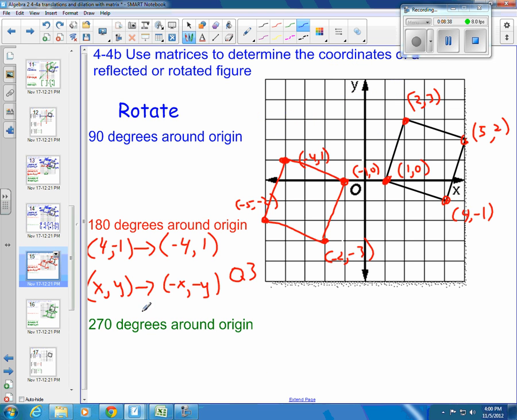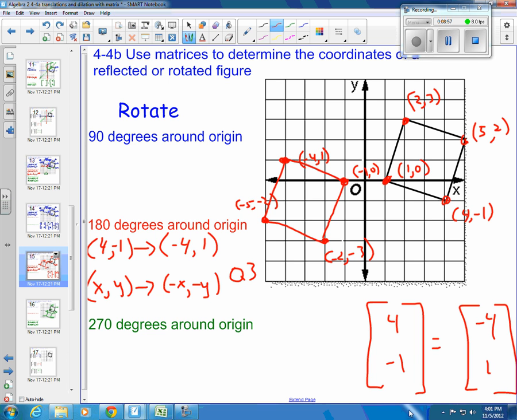So let's look at the 180 degrees. So here is my original point. My original point, this one I used, 4, negative 1 for my original point. And I want to end up with, when I rotate it 180 degrees, it came back to negative 4, positive 1. So what am I going to multiply it by to make that happen?